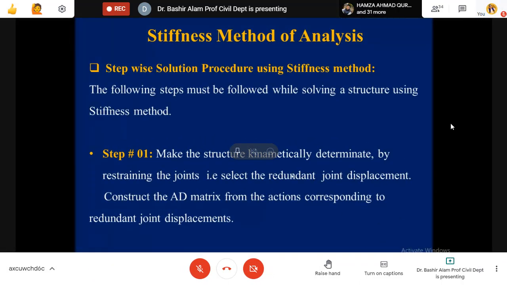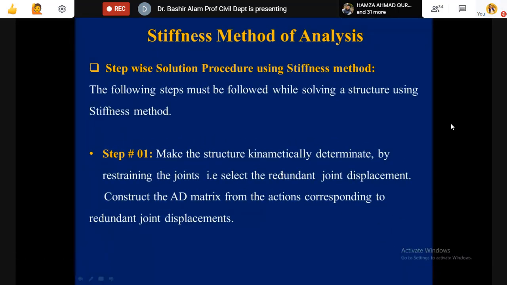Once we make this restrained structure, we label the unknown joint displacements, and corresponding to that, we look into the structure for externally applied actions. If there are applied actions, they become your AD matrix, the actions corresponding to the redundant joint displacements.